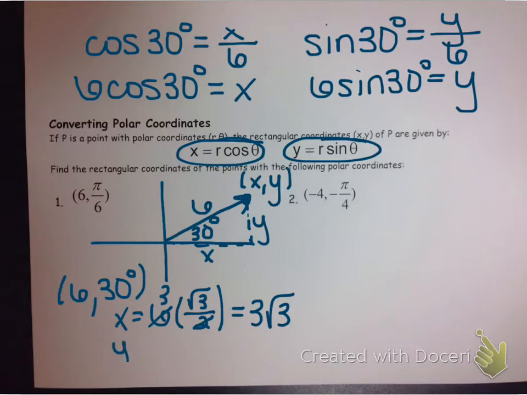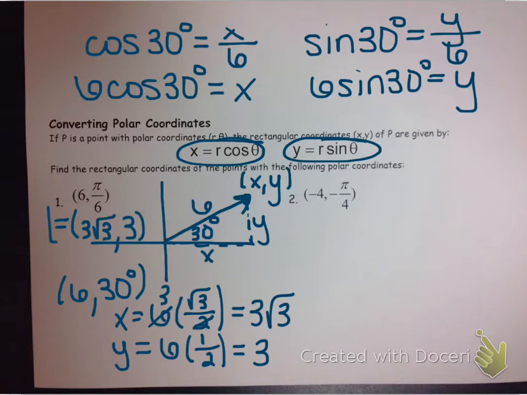So y is equal to 6, and then sine of 30 degrees is just 1/2, and so we would get 3. So the Cartesian coordinates that are equivalent to this polar coordinate would be 3 square root of 3 for the x coordinate and 3 for the y coordinate.